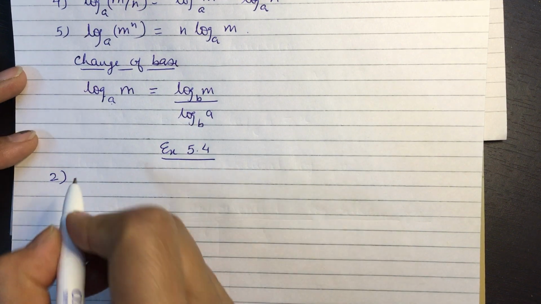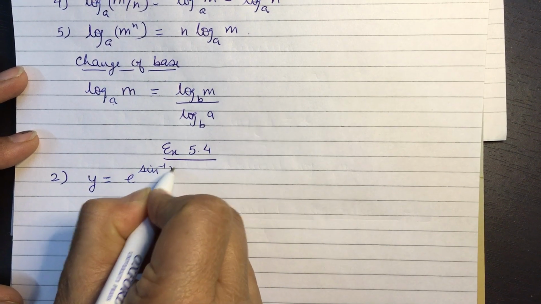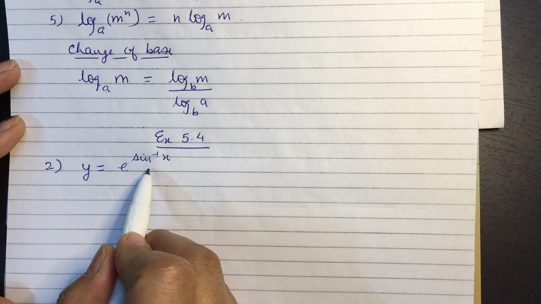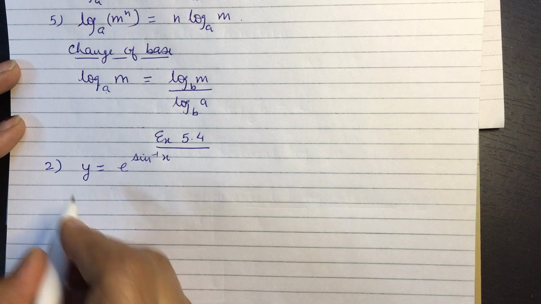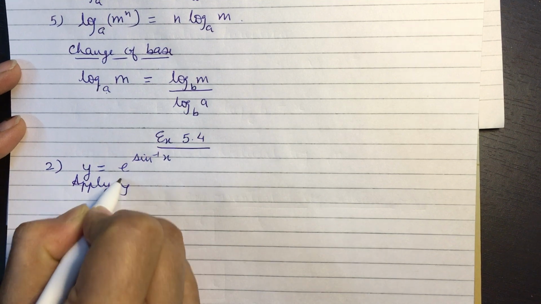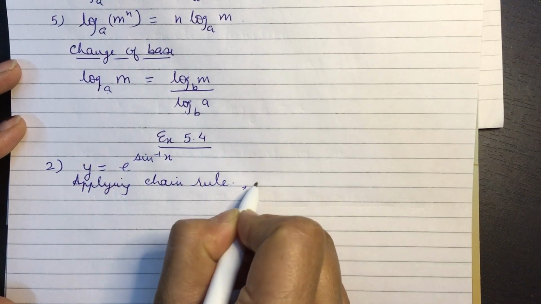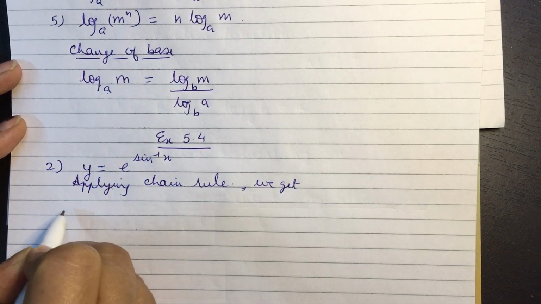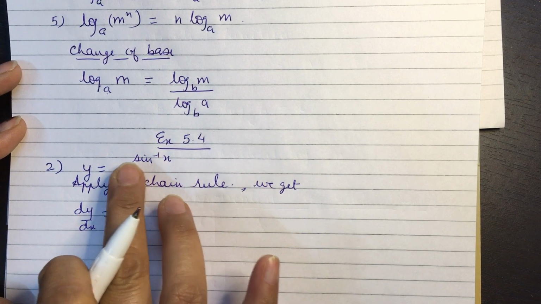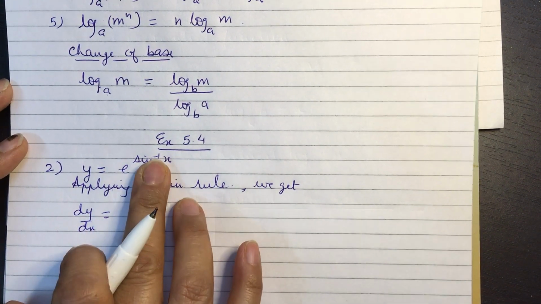Question number 2: let's call y equal to e raised to sine inverse x. Clearly we can see it's a function of a function, so we'll have to apply the chain rule. Applying chain rule, we get dy by dx equal to, first of all, the outermost function is the exponential function e raised to x.